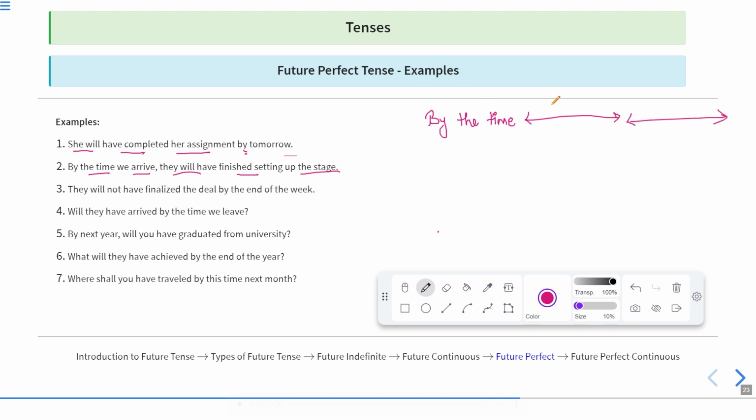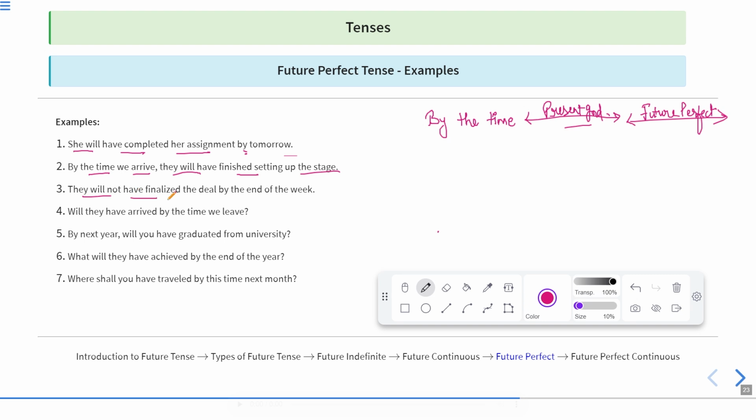By the time is the phrase, and in this sequence, present indefinite will occur just after the by the time expression. So the clause which is just after the by the time expression contains present indefinite tense, where the remaining part will cover future perfect tense. Okay, so future will be shown in future perfect tense, and the present indefinite is shown in the by the time clause.